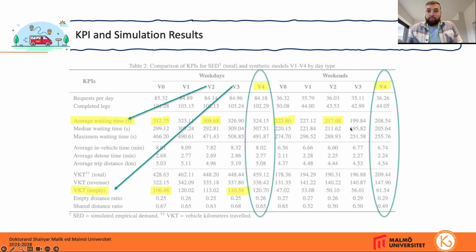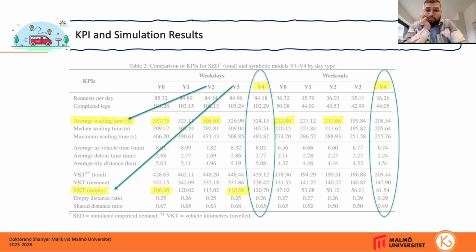So here is what we see when we compare all four synthetic demand models against the empirical benchmark. Now, it's important to note that there is no single synthetic model that outperformed all others. Each version performs best on certain aspects that we have summarized as KPIs. First, looking at the average waiting time, that's the passenger experience side.